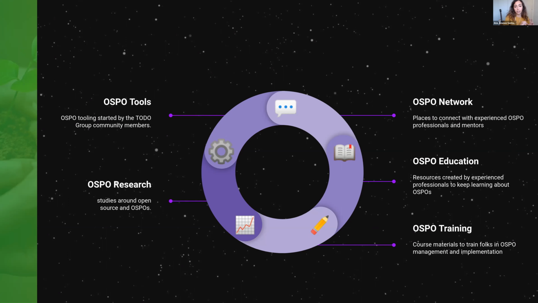They can go to a guide, they can see OSPO tools, they can engage with these OSPO leaders in the OSPO network. So those are basically the pillars that the TODO Group focuses on: network, education, training, OSPO tools, and research.